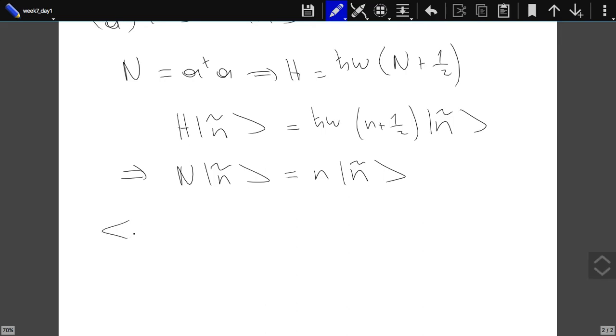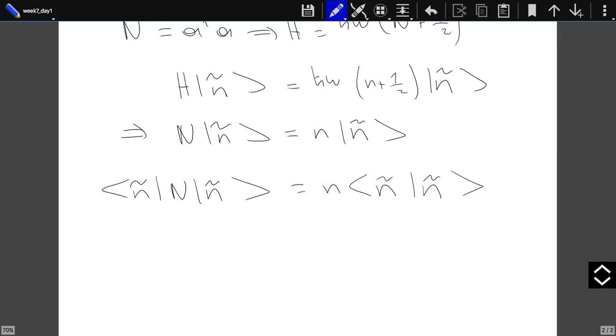Now let's look at this one: ⟨ñ| with the N operator in between and |ñ⟩. This should be equal to n ⟨ñ|ñ⟩.